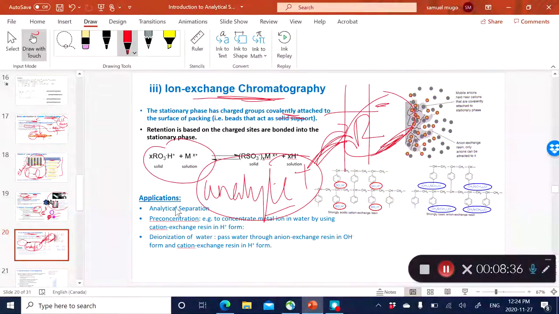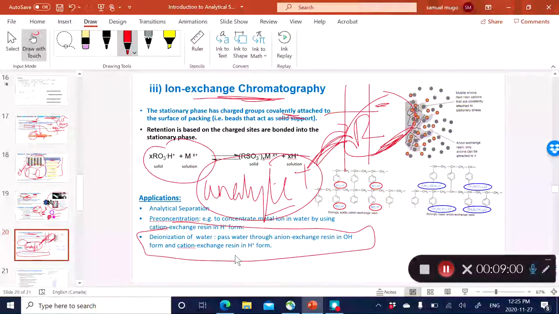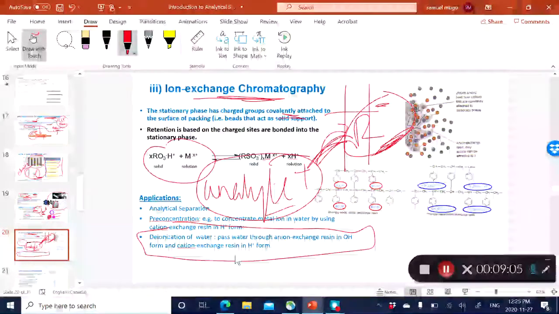And so other than the use of resins or ion exchange chromatography for analytical separation, sometimes we also use it, very commonly, to deionize water. Anytime you are using deionized water, essentially what you've got is a column, and the column has resins that electrostatically attract the ions that could be present in water, and they trap them inside that resin.